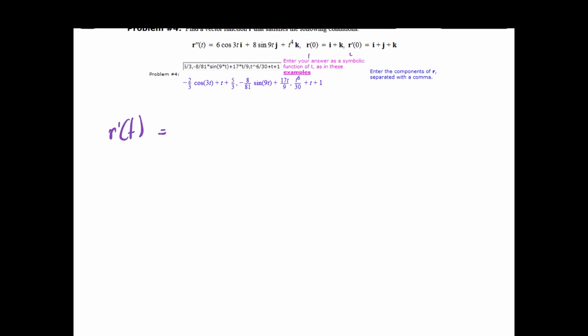So R prime at t will just equal 2 times sine 3t minus 8 over 9 cos 9t, and then plus t to the 5 over 5 k. Remember, this is j and this is i.